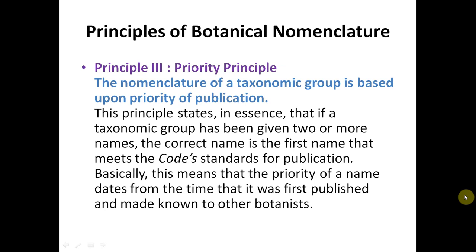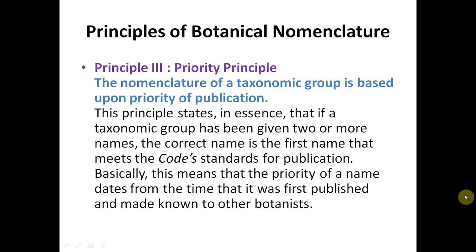So if for the same plant two or more names exist, then whichever was published first is given priority, if it satisfies the code's standards for publication. That is called the priority principle.